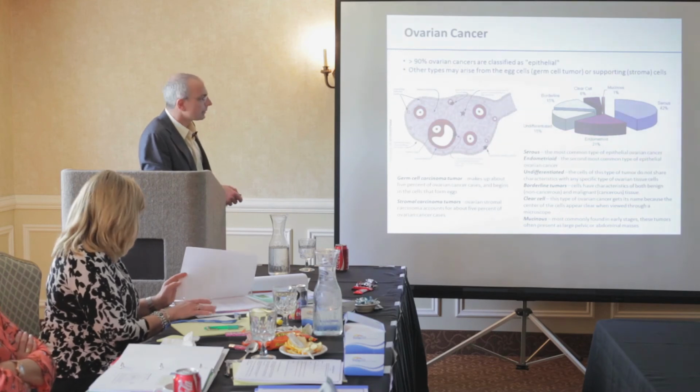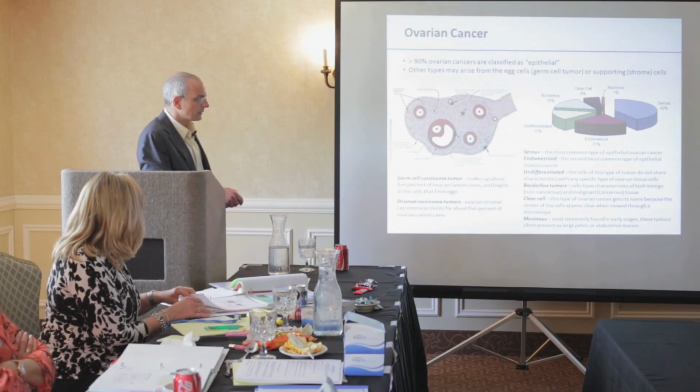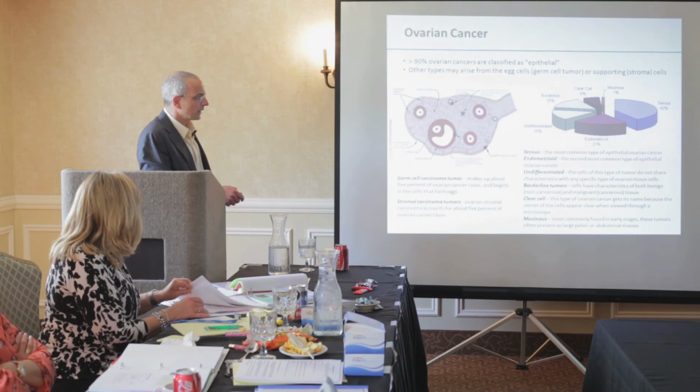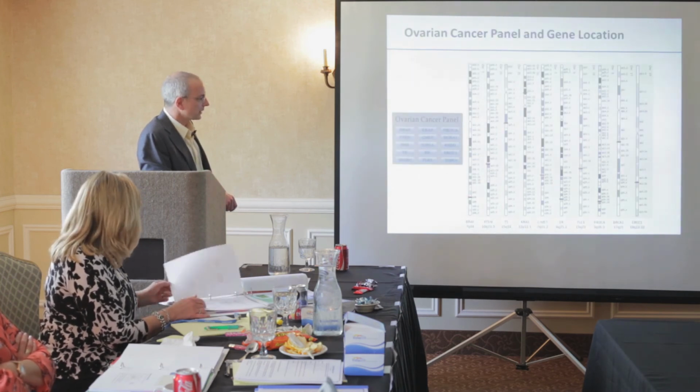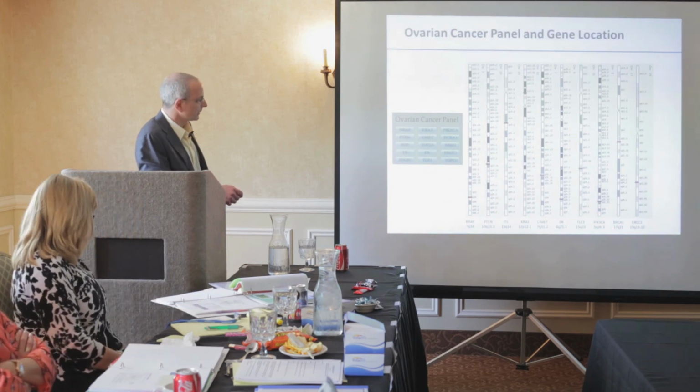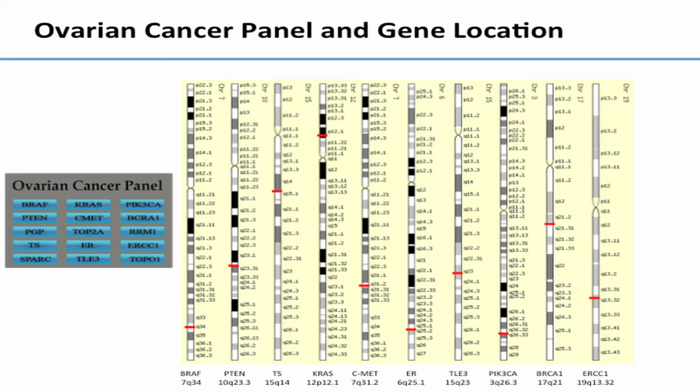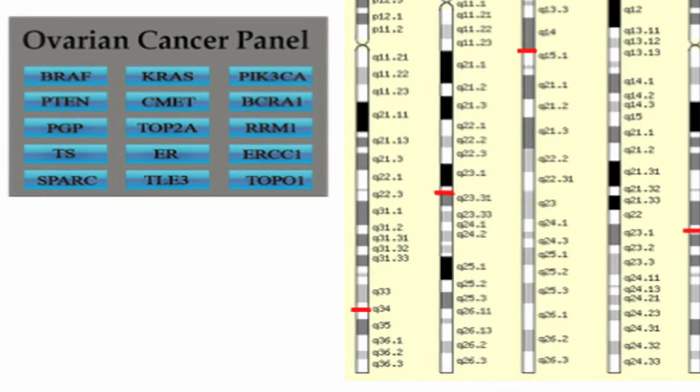And we'll talk a little bit about endometrial cancer in the uterine cancer. But this is quite a big panel with a lot of the genes. Again, some of the similar players that we've talked about here, BRAF, KRAS, PIK3CA and so forth.